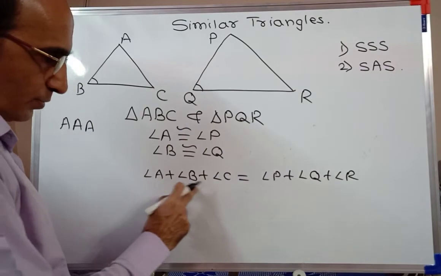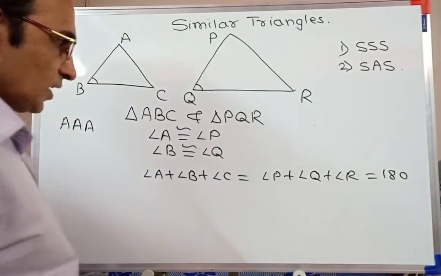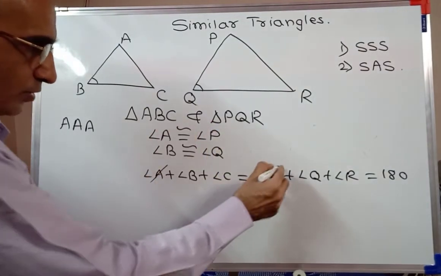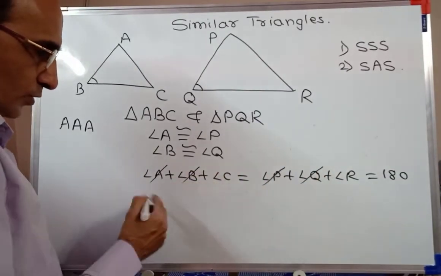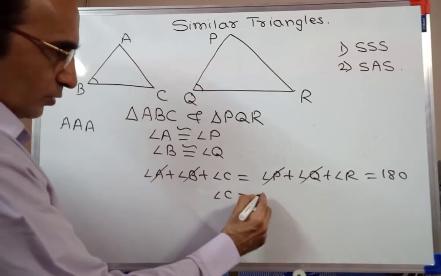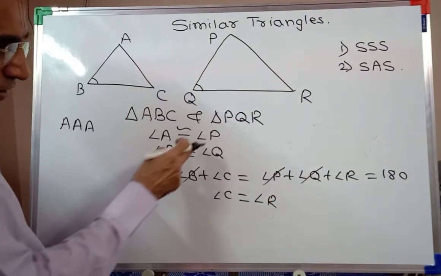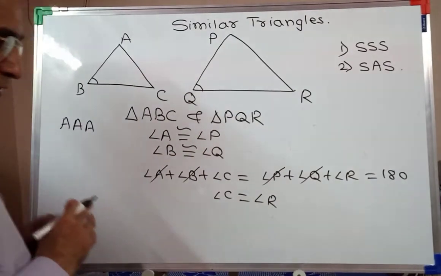Therefore A plus B plus C is equal to P plus Q plus R. Measure of A is equal to measure of P, measure of B is equal to measure of Q. So finally we get angle C is equal to angle R. That is, if two corresponding angles are congruent, automatically the remaining angles are also congruent.